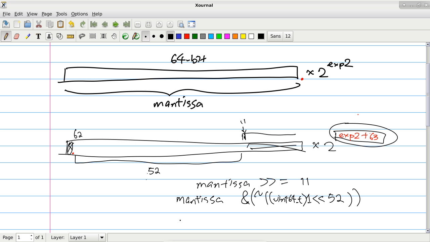So that means our actual E value is exp2, which is what we have at this point, plus 63 because of this part here, and then plus the 1023, which is the bias specified by the IEEE standard. So we take this E, and then we have to move it to the right place. We have to shift it all the way to the right place. How many times do you think we have to shift it? Bit 0 of the exponent is bit 52 of the double representation. So we have to shift it 52 times, okay?